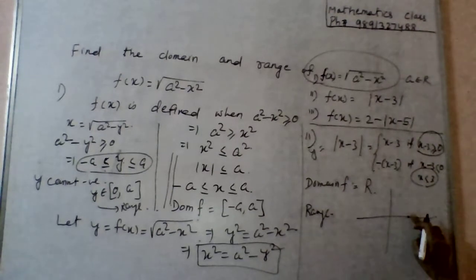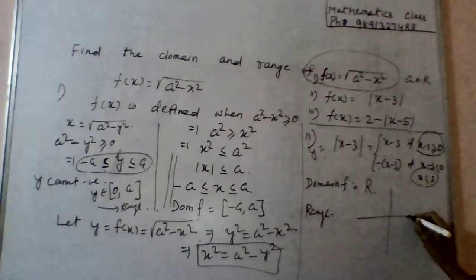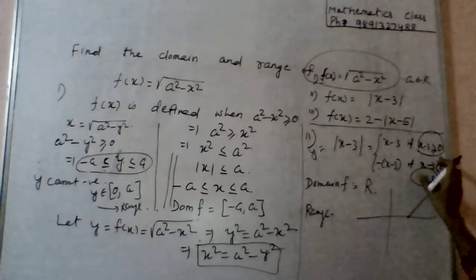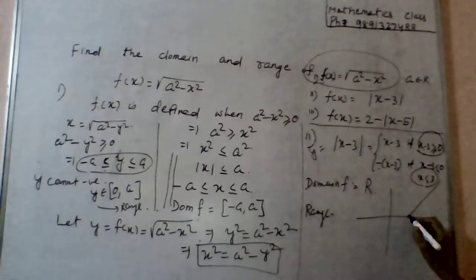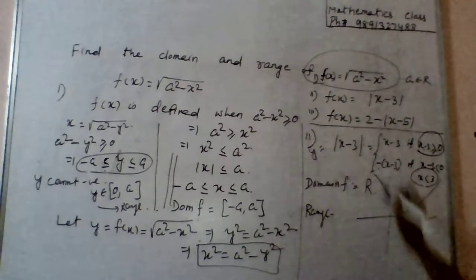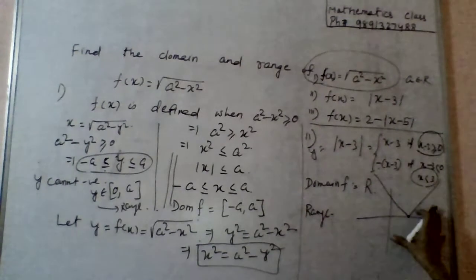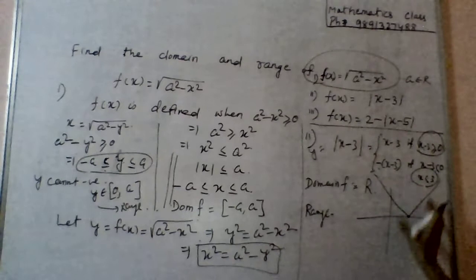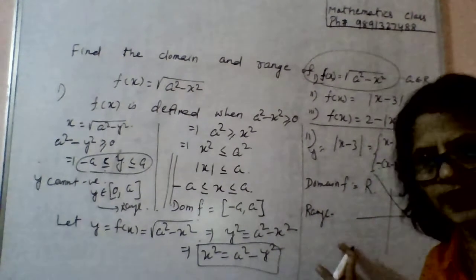When x is greater than 3, you are getting x minus 3. The graph will be like this. And when x is less than 3, you will be getting this. So if you draw the graph, it will be like this, right? It means no portion of the graph is below the x-axis.